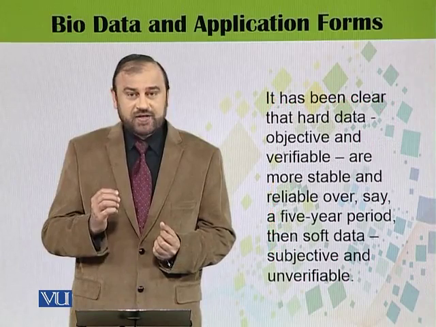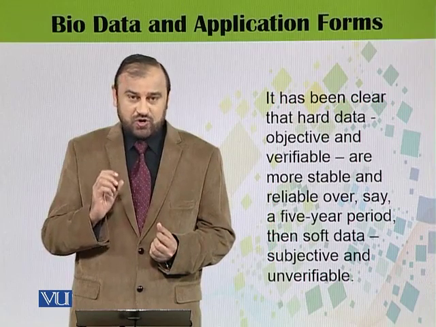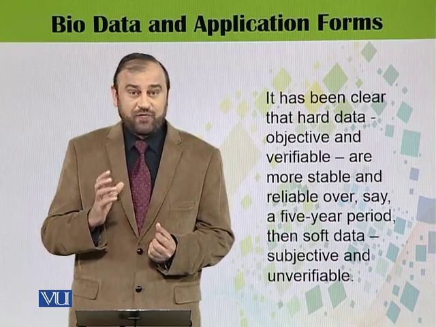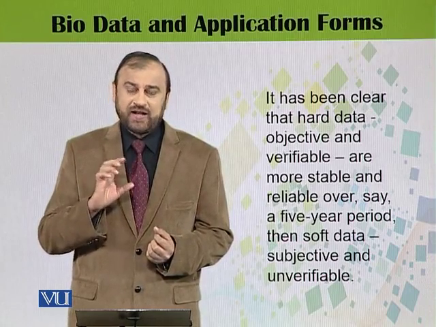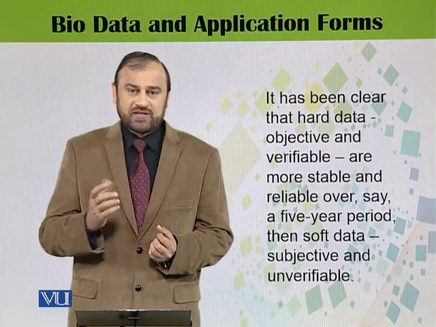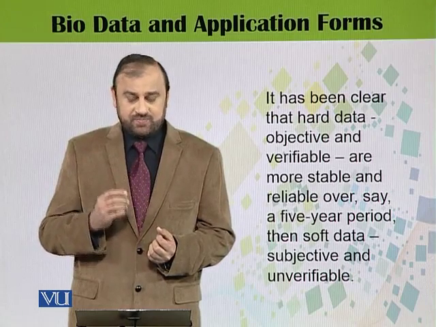It is clear that hard data, also called objective data, is more verifiable. You can verify the number of houses owned by someone at the age of 25 through a real estate document. And that data is more stable.